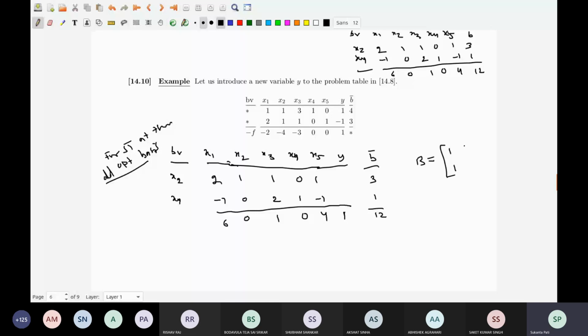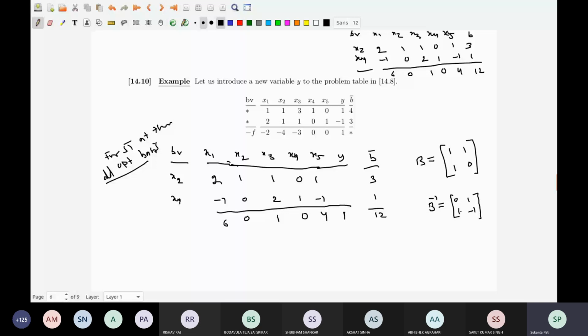B inverse would be 0 1, 1 minus 1. Okay, this is your B inverse.